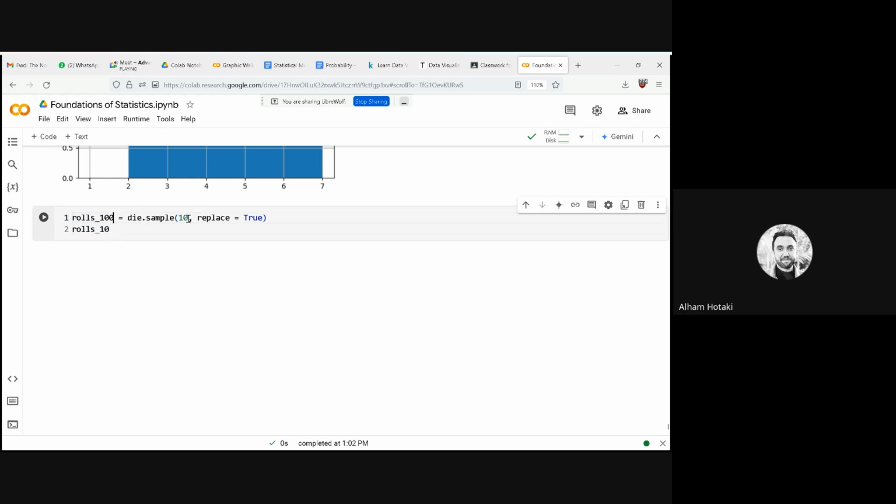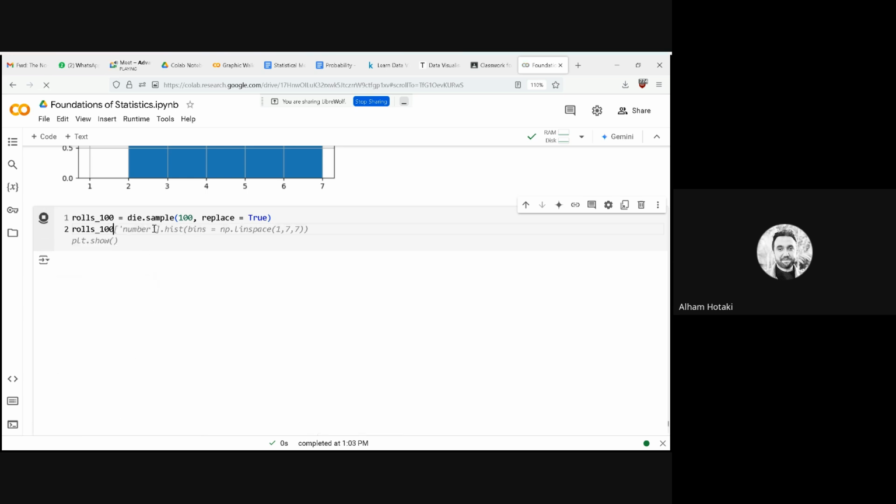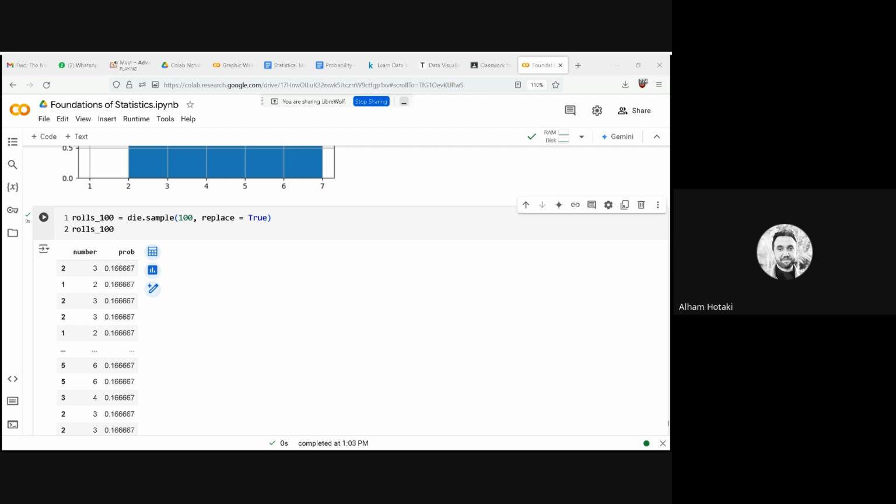Okay, now if you want to roll a die 100 times, let's visualize it and see what will happen.